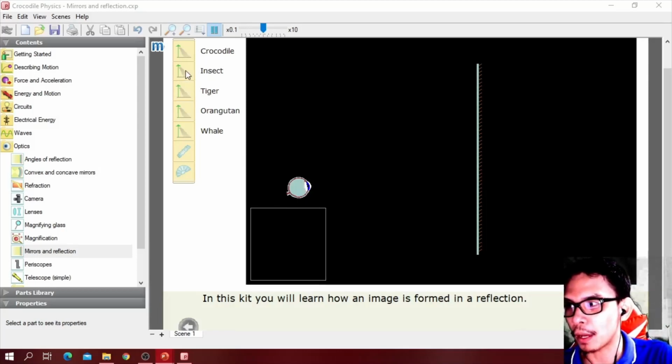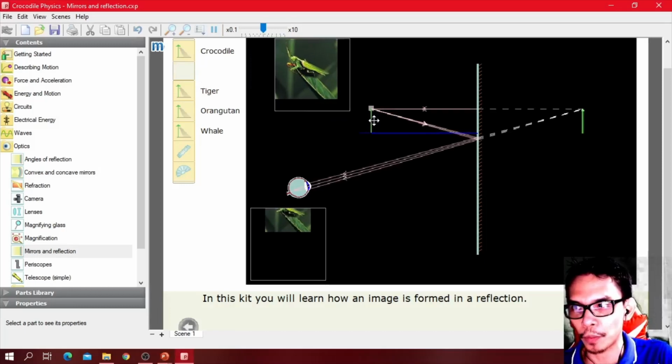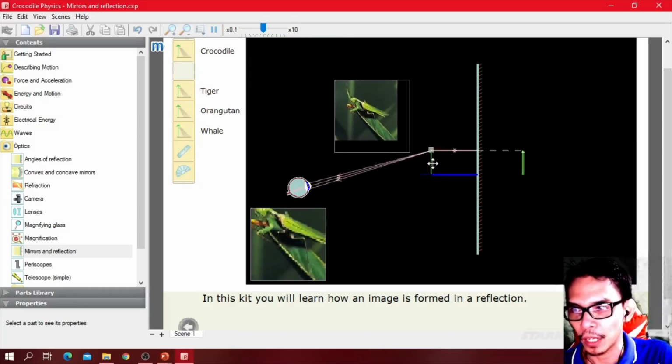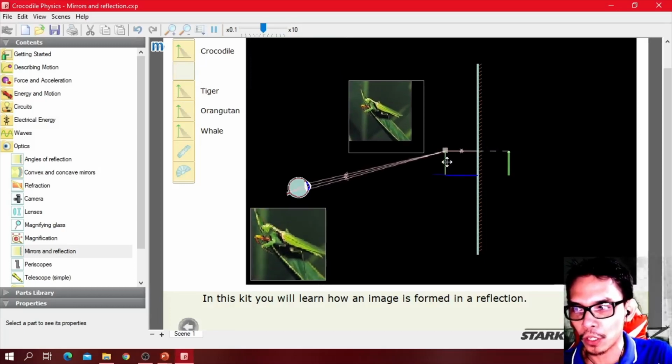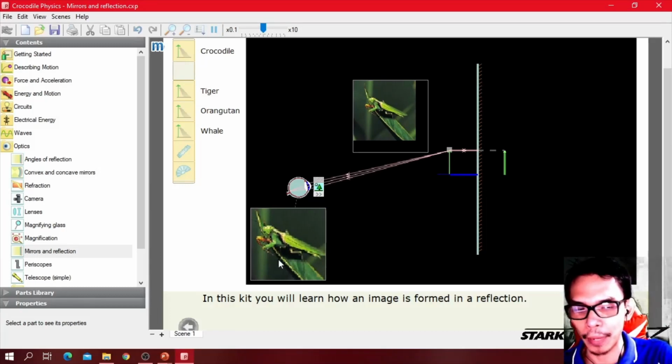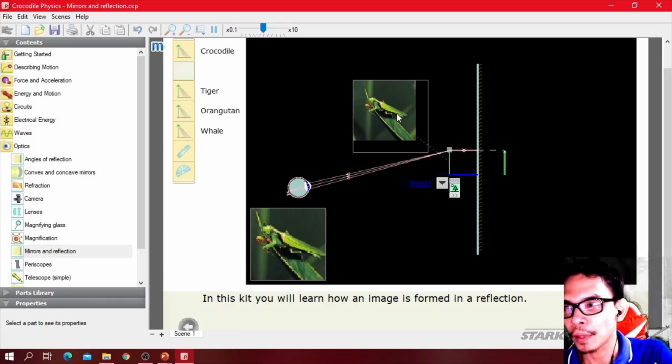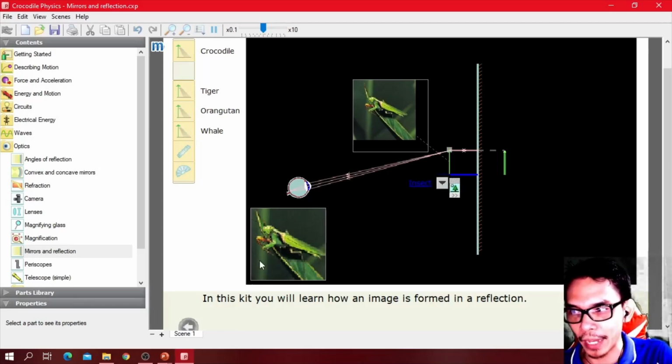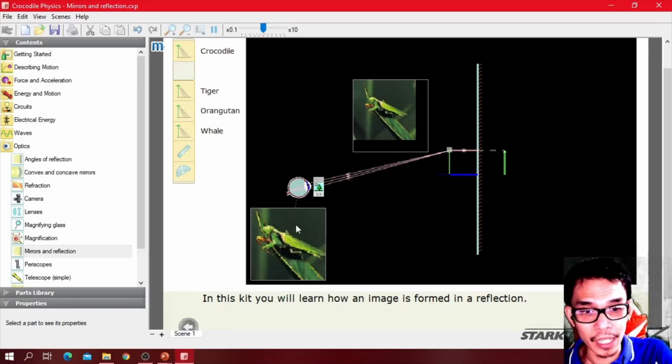If we put some image in front of the plane mirror, this is what the brain interprets in a plane mirror. As you can see, the object placed in front of the plane mirror has the same size as the image that you have right here.